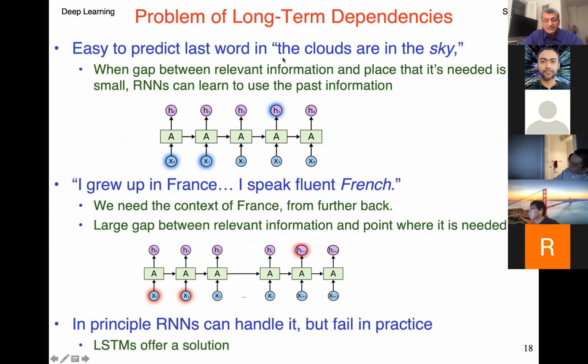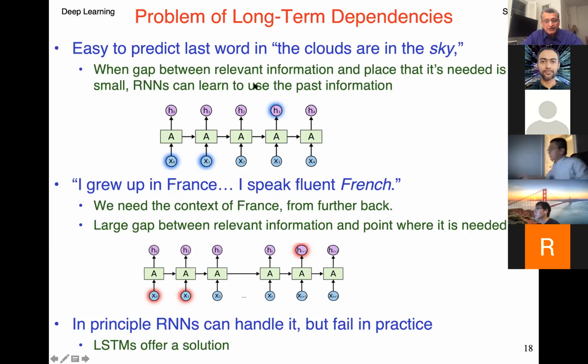Supposing I said the clouds are in the, and asked the model to guess what the next word is. Well, okay, sky is not a very difficult choice. After all, the clouds are in the sky, so we can guess that fairly easily. And so it's easy to predict the last word.